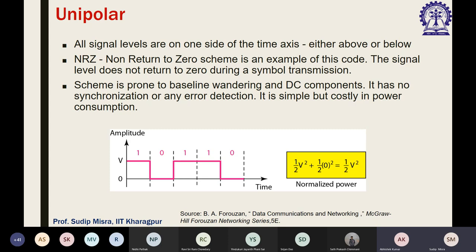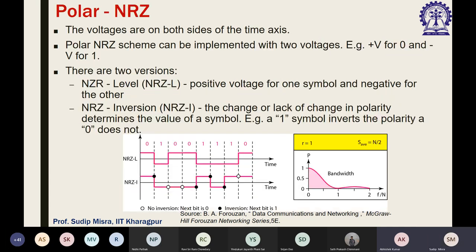So this is the unipolar NRZ. Like this, there are few other schemes. So unipolar NRZ basically suffers from baseline wandering and existence of DC component. And let us now look at how these problems can be addressed. Let us quickly have a look at another one, which is the same NRZ, non-return to zero, but polar NRZ.